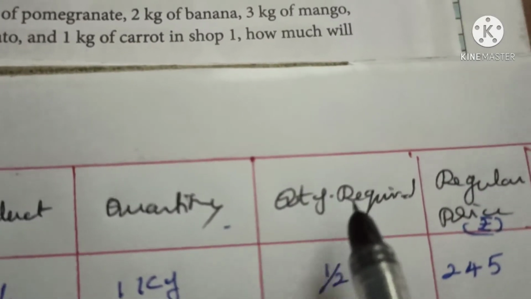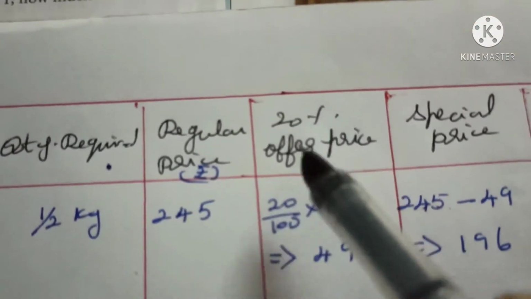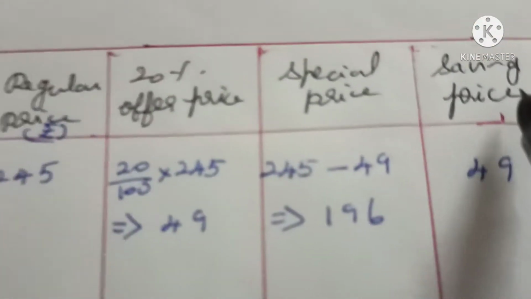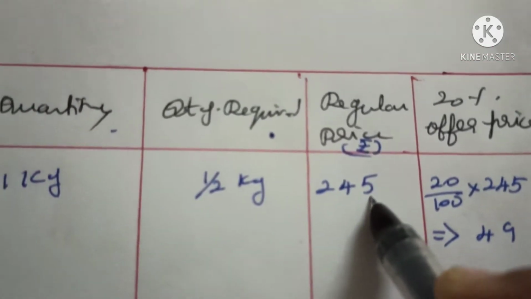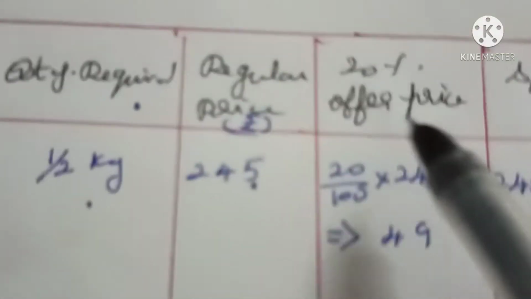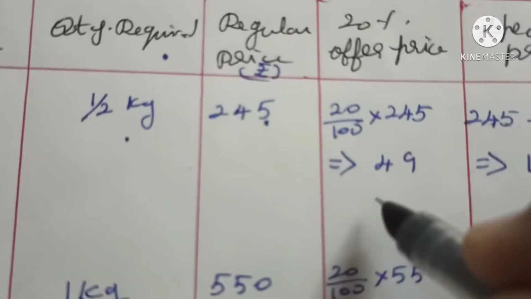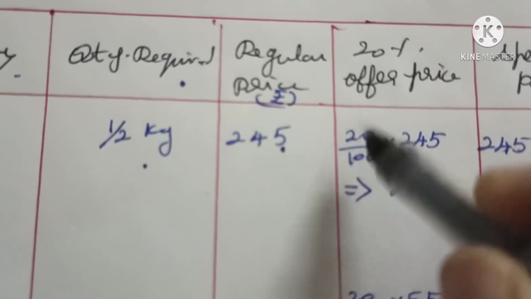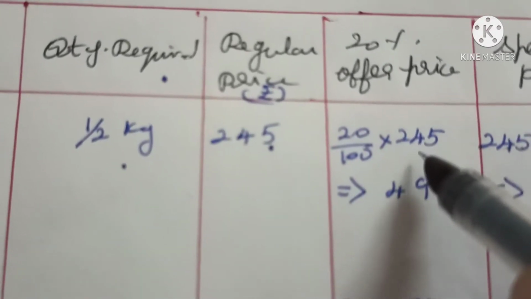Write down product, quantity required, regular price, then discount rate, special price, saving price and special price for the cost. So laddu 1 kg is equal to 245 rupees and the quantity we require is only half kg and 20% offer price means you have to find out what is the discount. So to find out the discount amount, 20 by 100 into the cost.